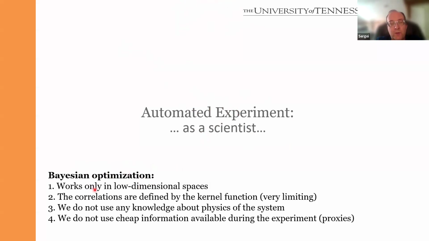So first of all, they work well only in low-dimensional spaces. There is a big difference between work and work well. In principle, we can construct a Gaussian process in any dimension, and it will learn some form of correlation across each dimensional axis. So that's not really a problem.